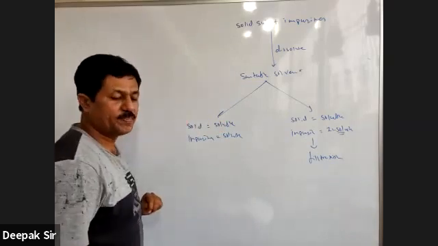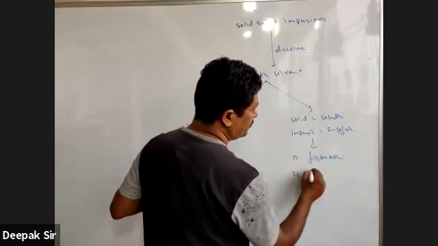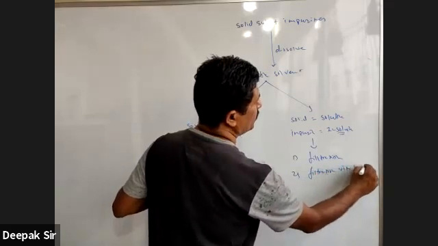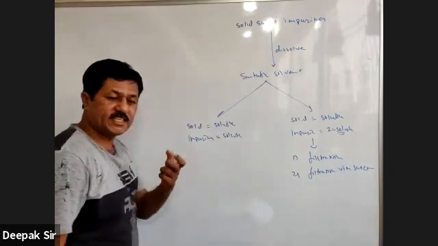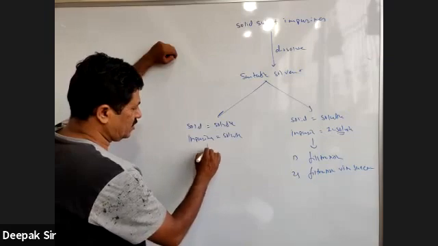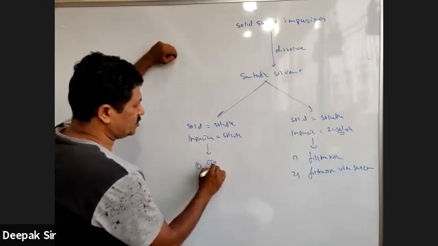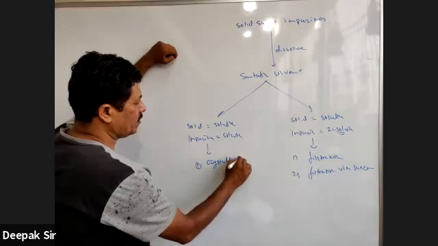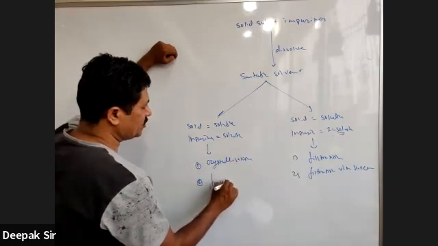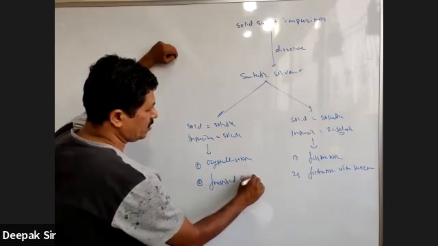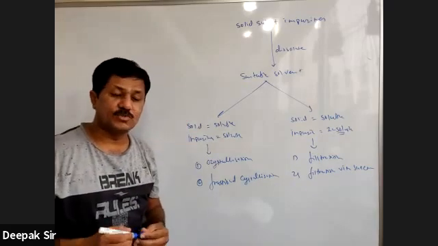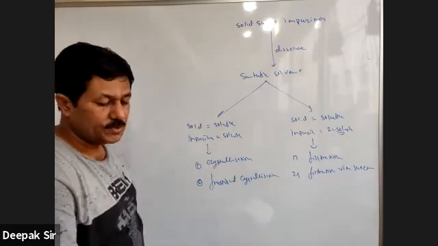This is number one, and number two is filtration with suction, with a suction pump. Or when both are soluble, then number one is the crystallization process, and number two is the fractional crystallization process.